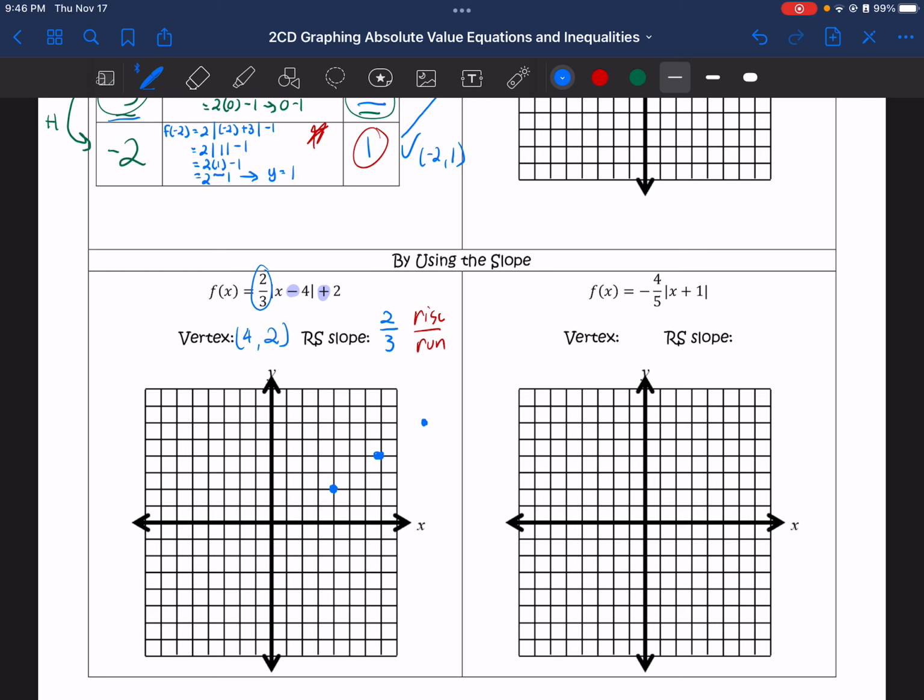Well, we should know that our absolute value graph is symmetrical across the vertex. So whatever happens on the right side needs to happen on the left side. You want to find the point that is adjacent to this point right here.